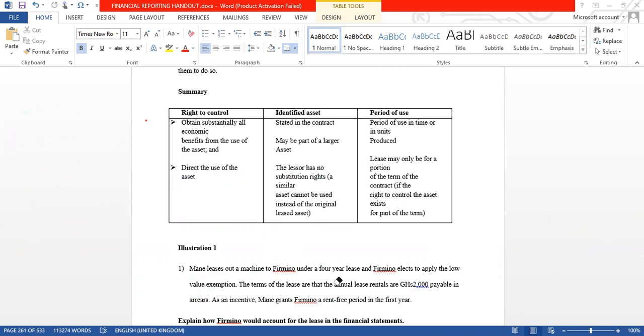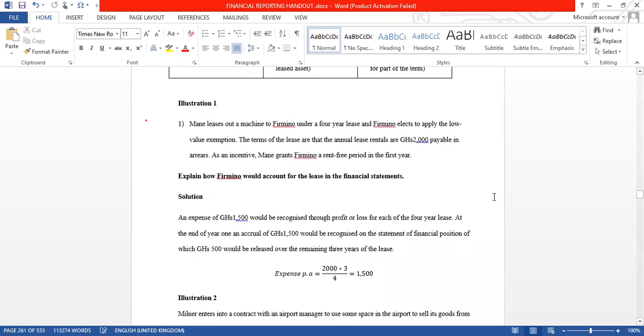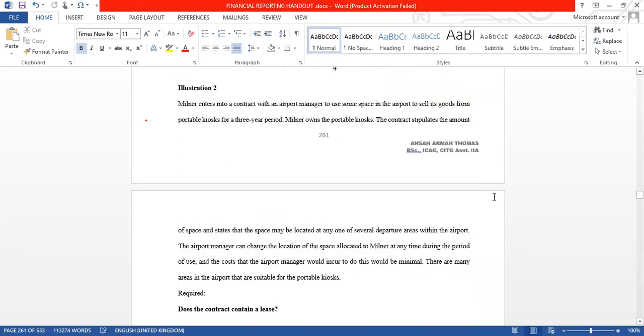So let's look at the question quickly. It says that James Miller enters into a contract with an airport manager to use some space in the airport to sell goods from a portable kiosk for 3 years.